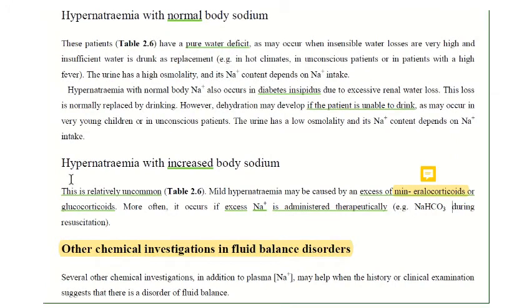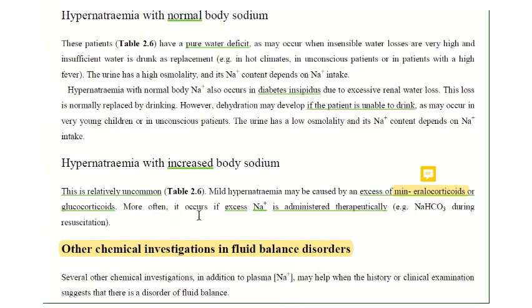الحالة الأخرى هي hypernatremia with increased body sodium. This is relatively uncommon. Mild hypernatremia may be caused by an excess of high mineralocorticoids, or glucocorticoids.